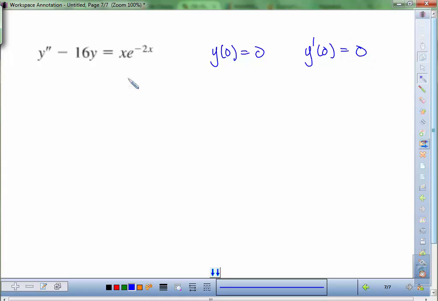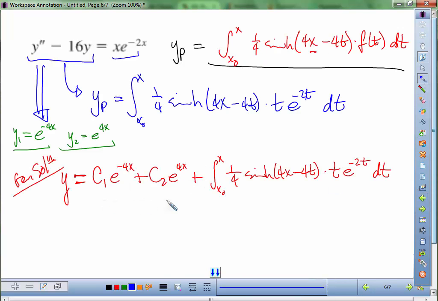We have an IVP where we actually have values for y of 0. Yeah, whatever. So what we want to do is take a look at our solution, right? Our general solution looks like this.